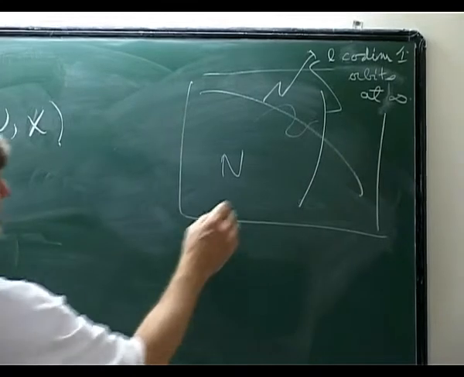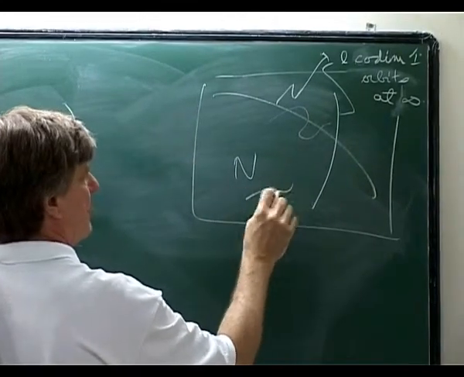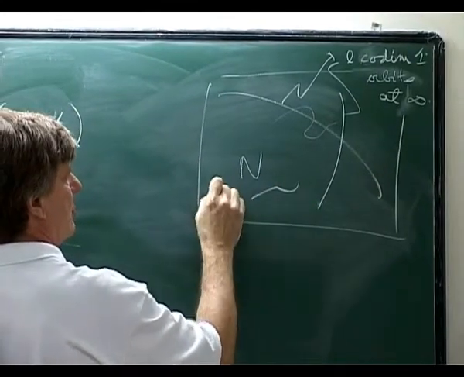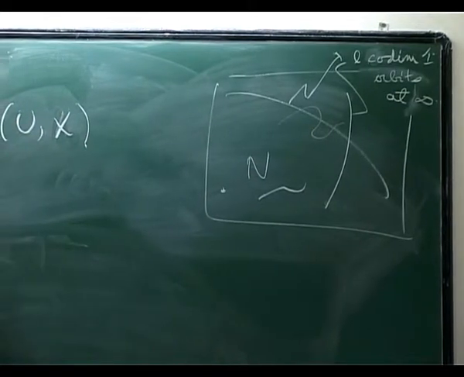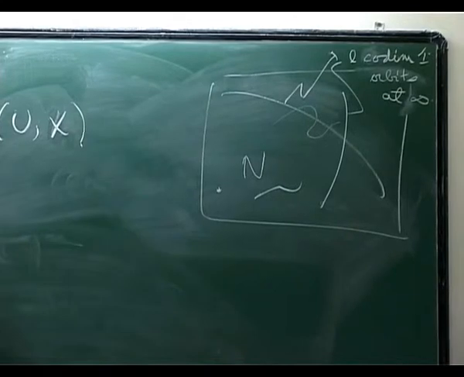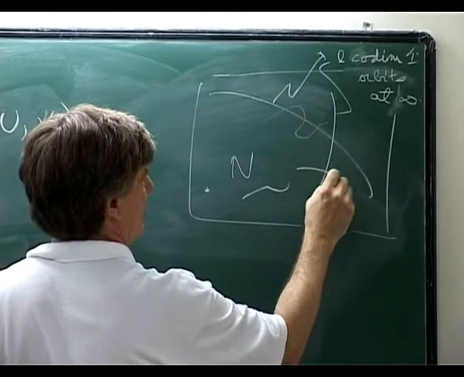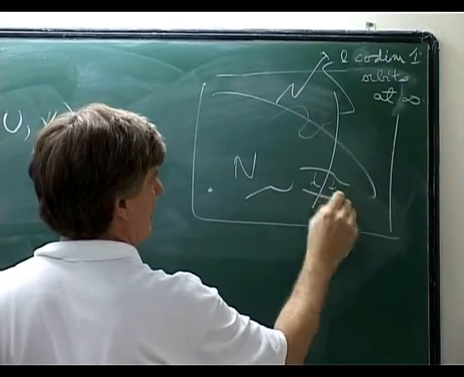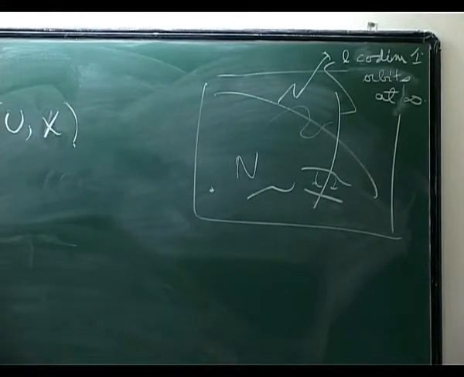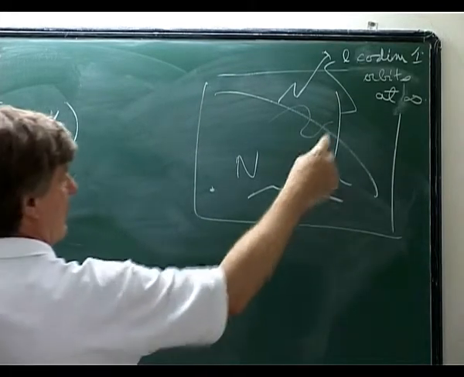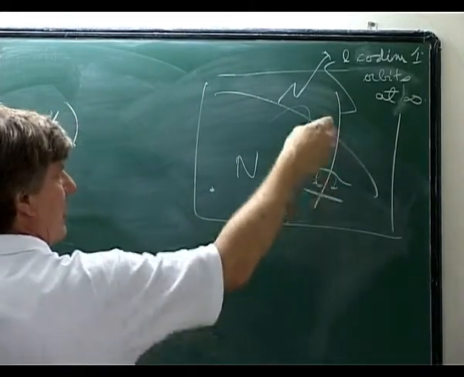Now, you see, its image could just lie in this open cell here, but in this open cell, you can use the N action to just bring it to the base point, which you always take inside N. On the other hand, if it hits this divisor at infinity, the best it can do is sort of move around like this and get normalized transversely. Okay, so the ones that hit infinity sort of have to get caught on it if you want.